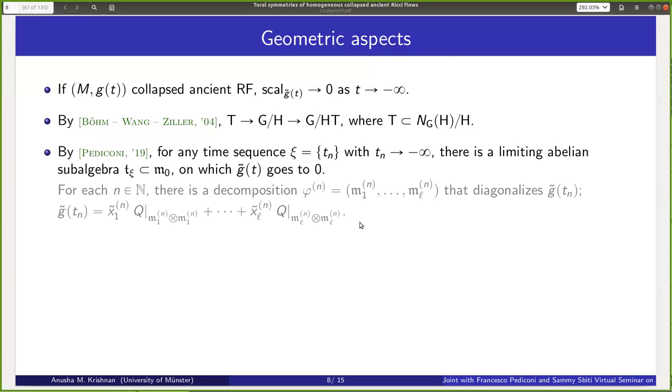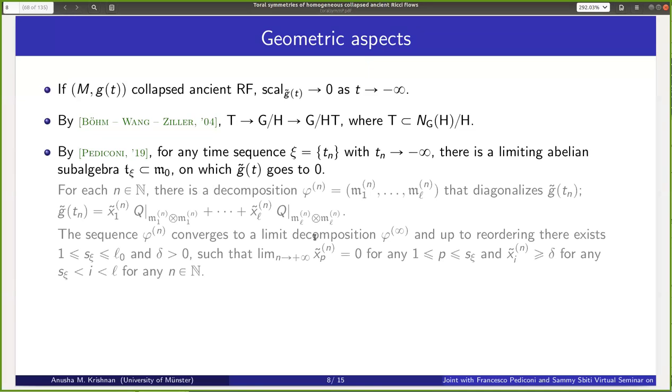Specifically, what is known is that for each n, so for each time along your sequence of times going to negative infinity, there is a decomposition that diagonalizes the metric. Of course, this decomposition a priori depends on the sequence, depends on the time.